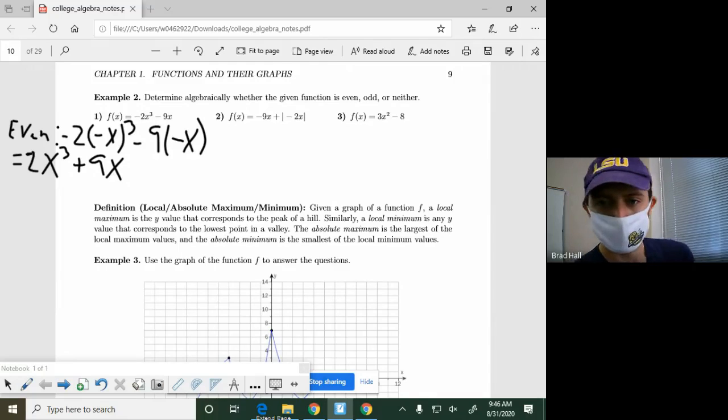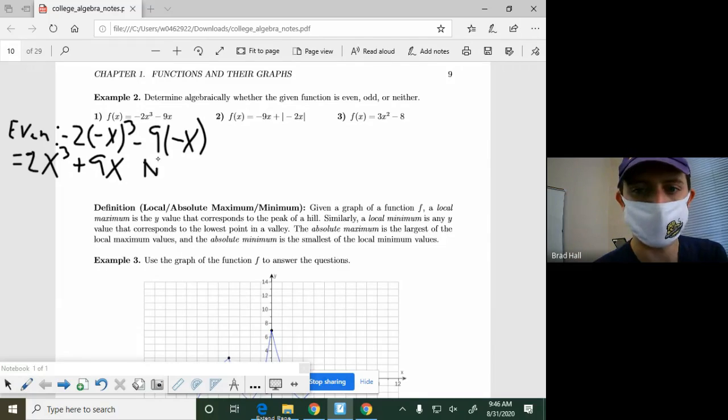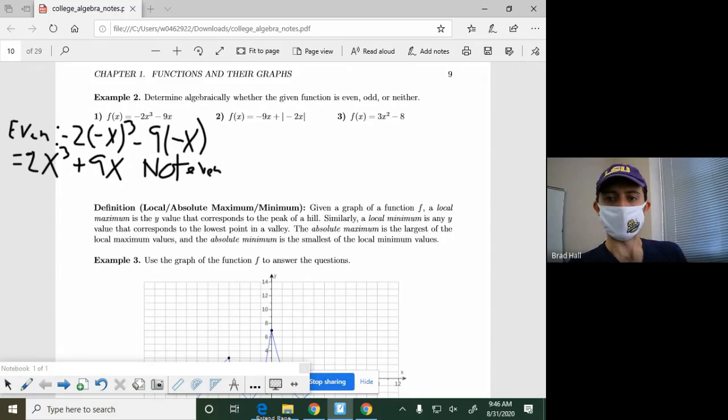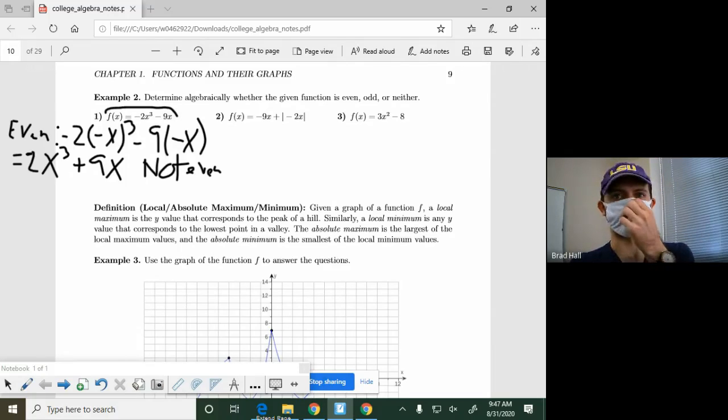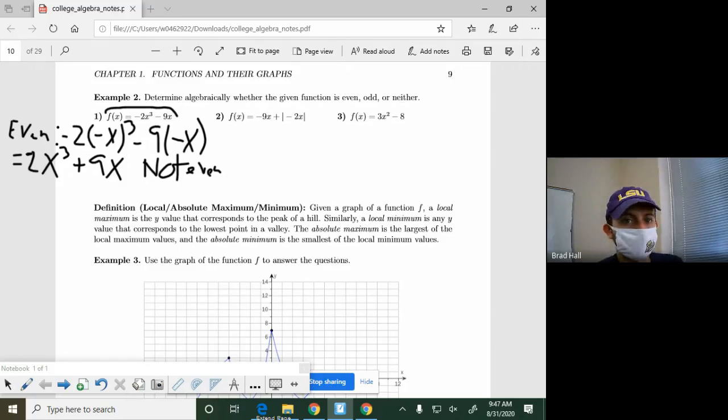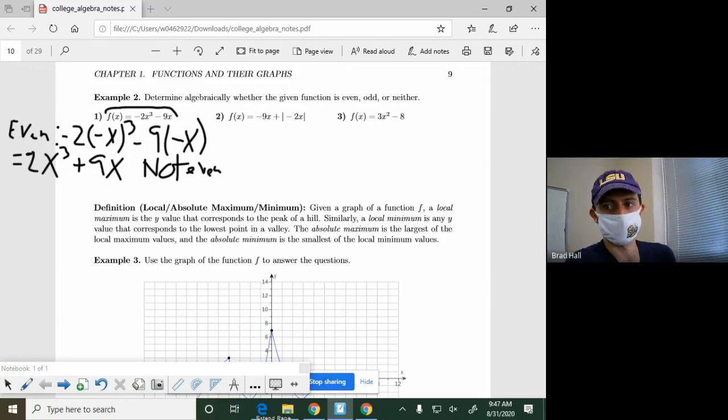So it's not even, because we did not get the original function back, the one that we started off with in the very beginning. If we got that exact function back, letter for letter, sign for sign, everything, then we would say it was even.